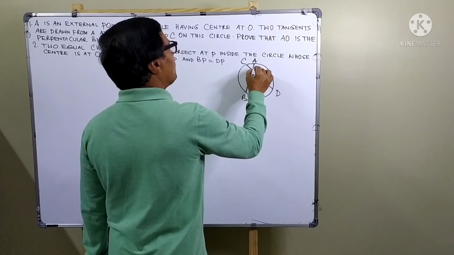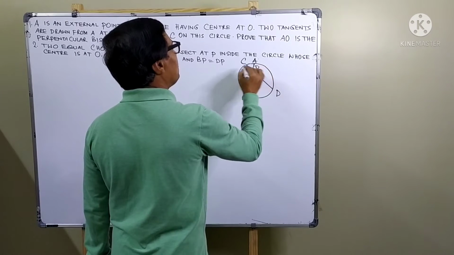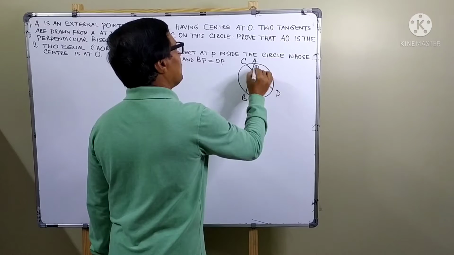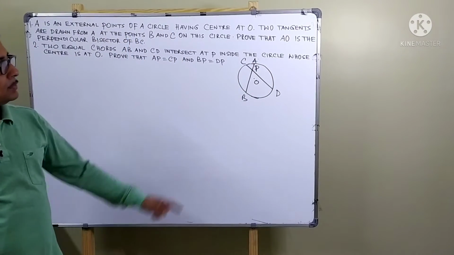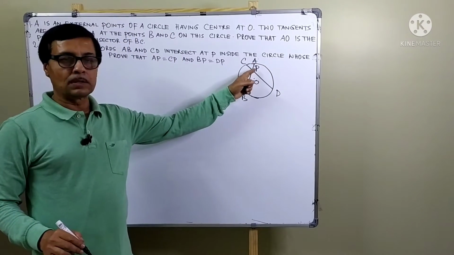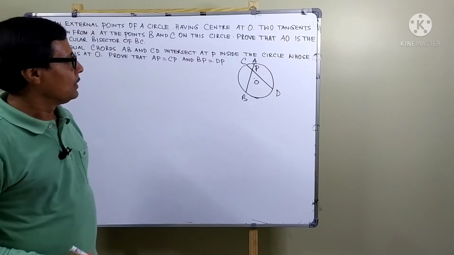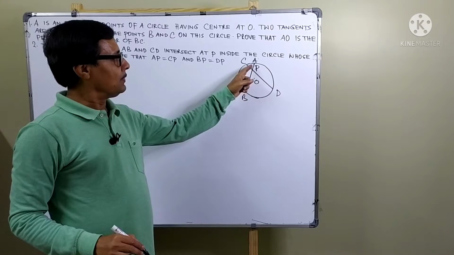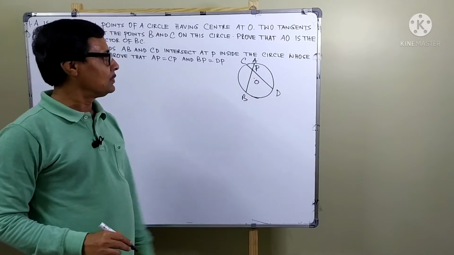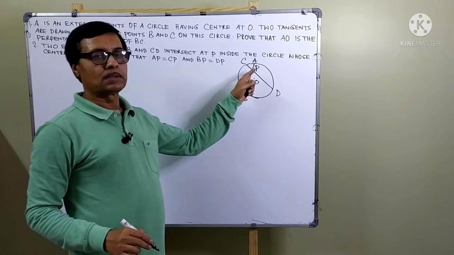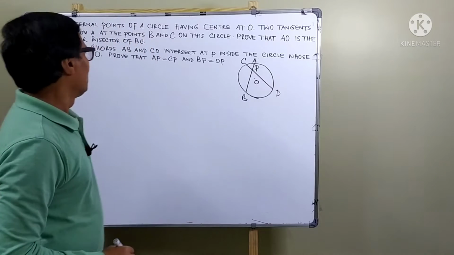These two chords intersect at the point P inside the circle. We have to prove that AP equal to CP and BP equal to DP. Here O is the center of the circle.